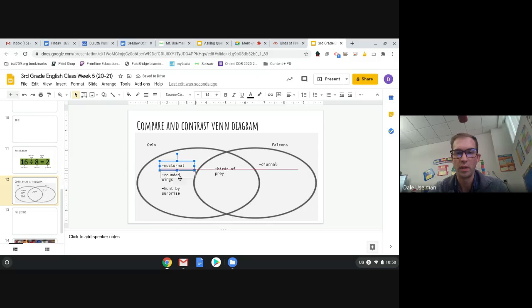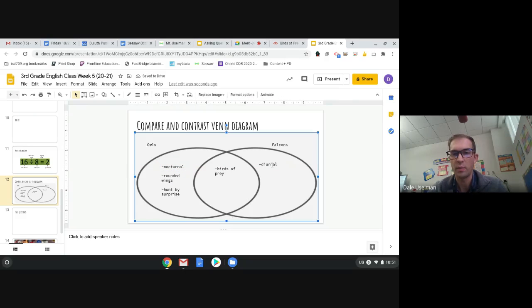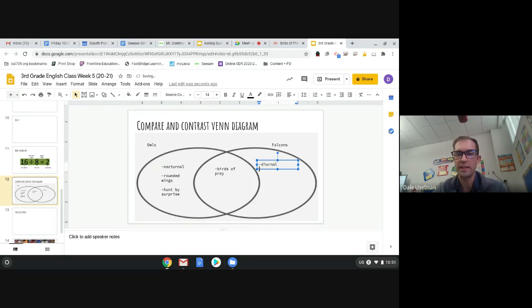Awesome. So then what we're going to do is, we'll just leave it like that. We're going to put how the falcon is different from the owl over here. So we just read that falcons have pointed wings, excuse me, instead of rounded wings. And we also read that they hunt by speed.